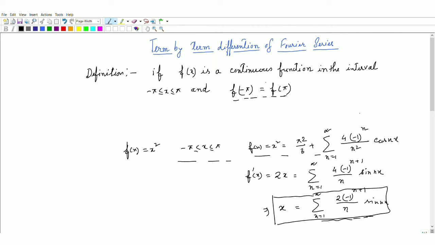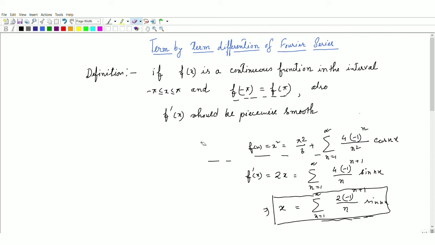Another condition is that f dash x should be piecewise smooth.